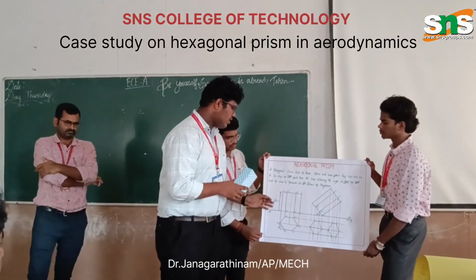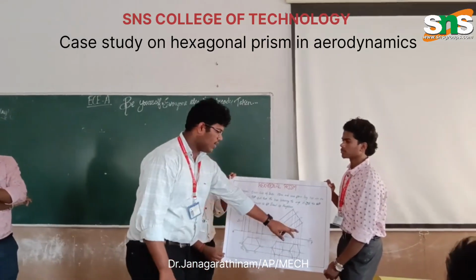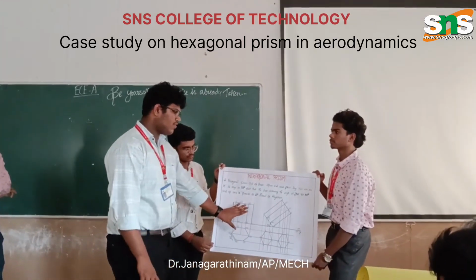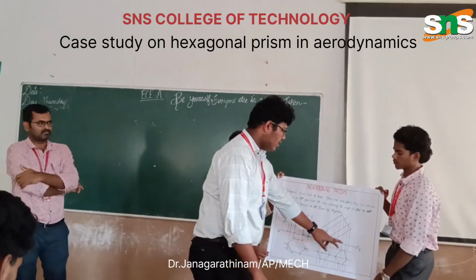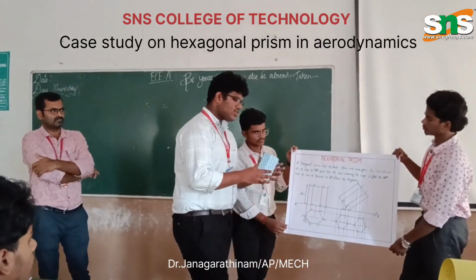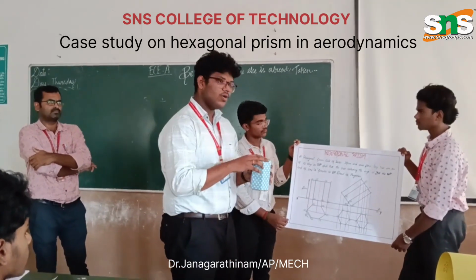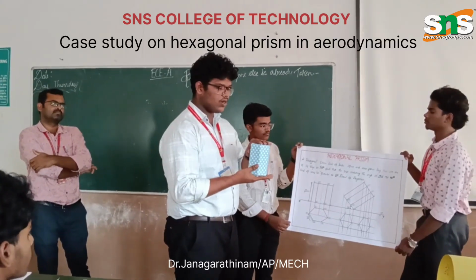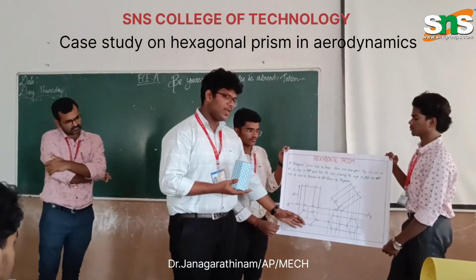First, the reference line XY is drawn, with the vertical plane and horizontal plane, chosen from the first quadrant. The top one is the vertical plane and the bottom one is the horizontal plane. When we see the hexagonal prism from the top view, the base, which is a hexagon, is clearly seen in the horizontal plane.